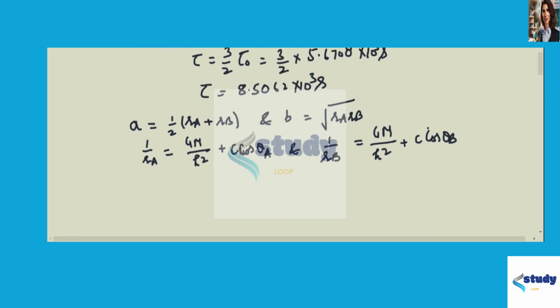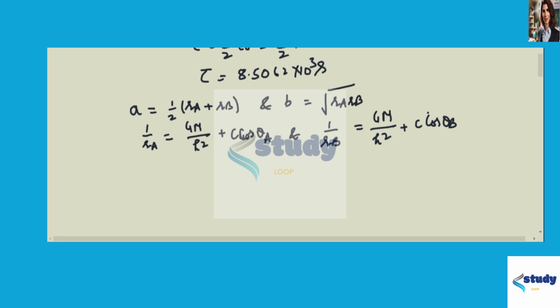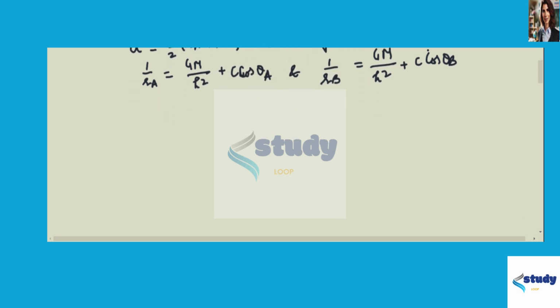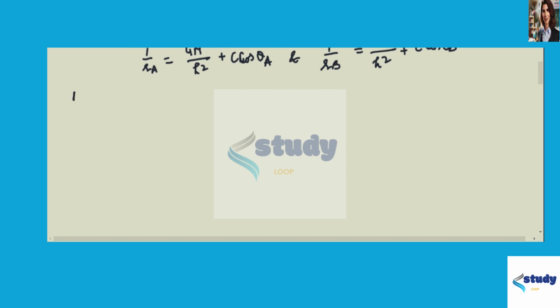Since both are diametrically opposite, you can say theta b is theta a plus 180.